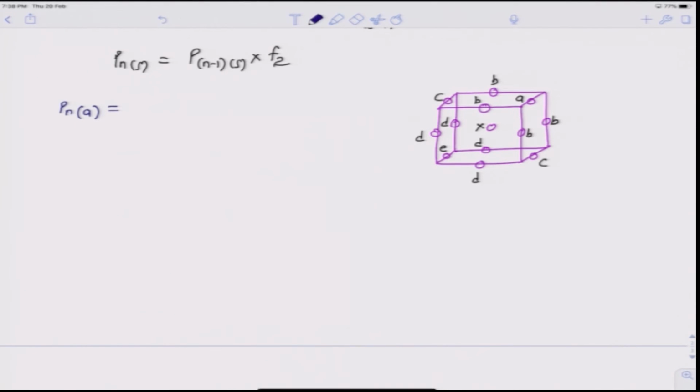So, this would be 4 times P n minus 1 B times F2.